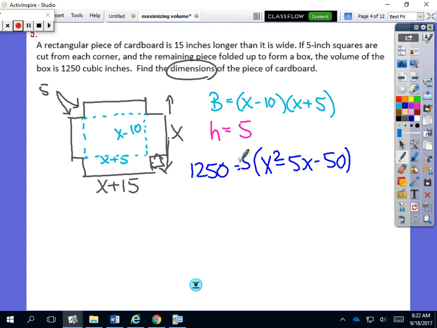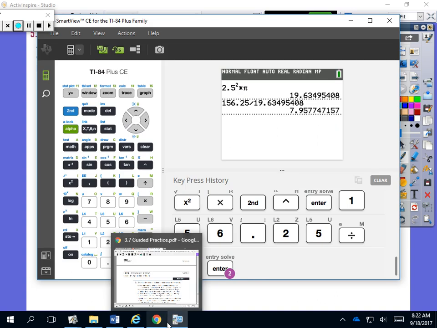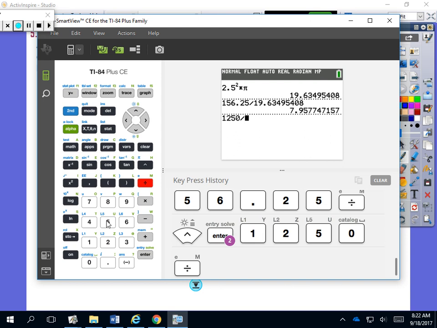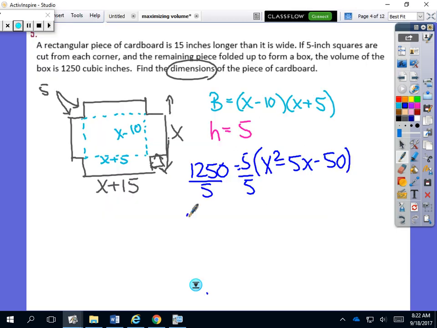Well, I noticed that this number is a multiple of 5. So if I divide both sides by 5, I can get this down to a more manageable number. So let's divide that by 5. 1,250 divided by 5 comes to 250. So I have 250 on this side equals x squared minus 5x minus 50.